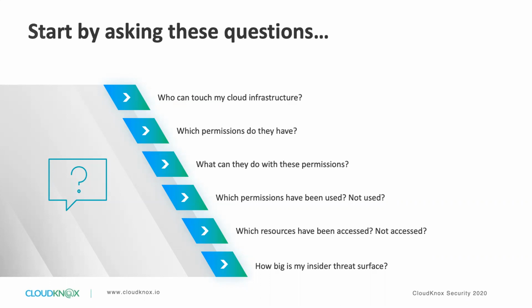Understanding what they can do with these permissions is also important. So what resources do they actually have access to? And are they using those resources? Right-sizing the environment goes beyond just the permissions, but also understanding who has actually used this resource. Do they actually need access to it, or should we right-size that as well?